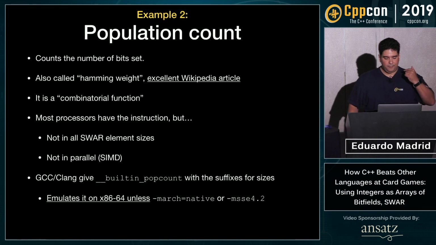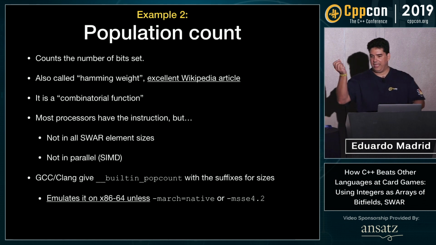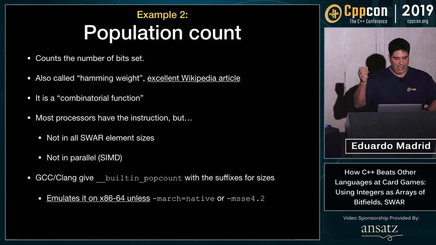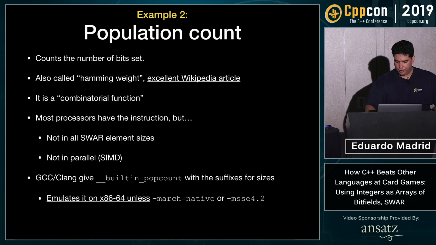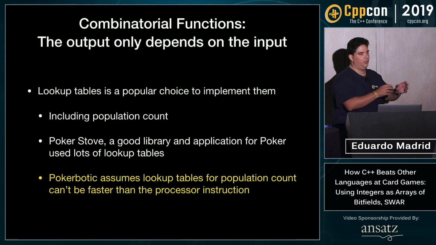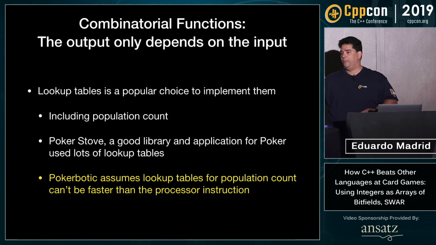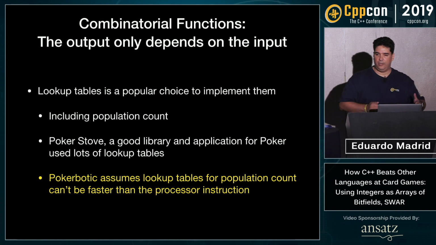Well, what it means is to count the number of bits set. The number of bits set to 1. It's a combinatorial function. The meaning of a combinatorial function is that the output only depends on the input. And lookup tables are a popular choice to implement combinatorial functions.